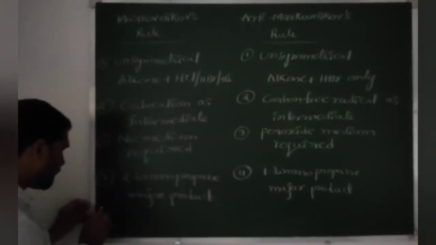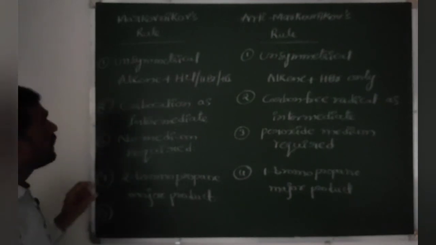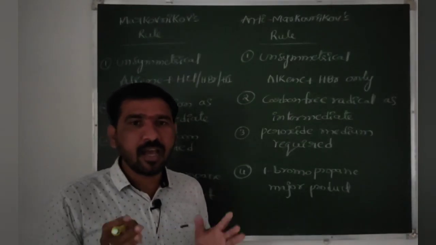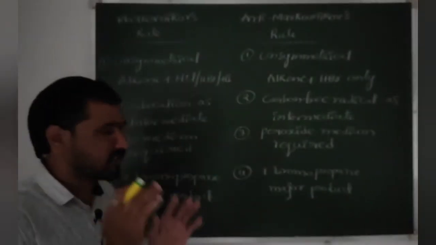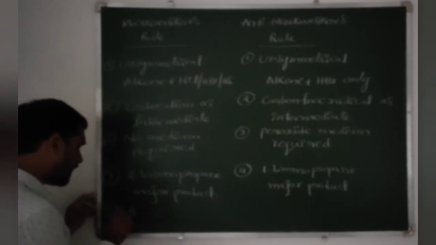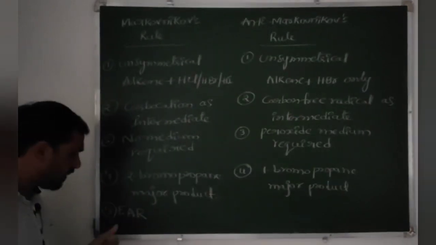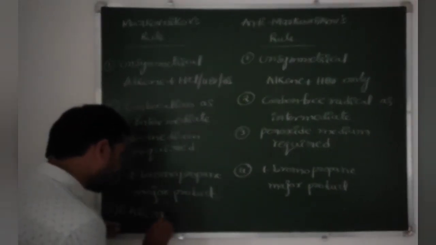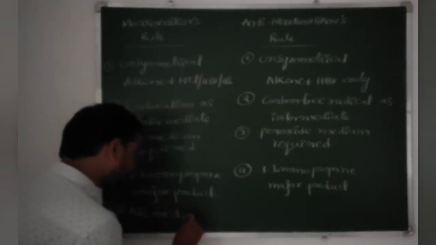Then coming to the fifth point under the Markovnikov rule. This Markovnikov rule reaction mechanism is an electrophilic addition reaction mechanism. Okay, electrophilic addition reaction mechanism. EAR means electrophilic addition reaction mechanism. Right?